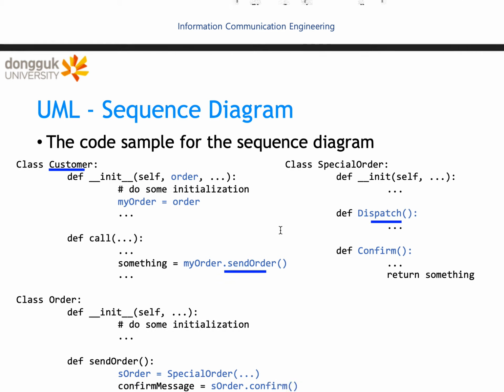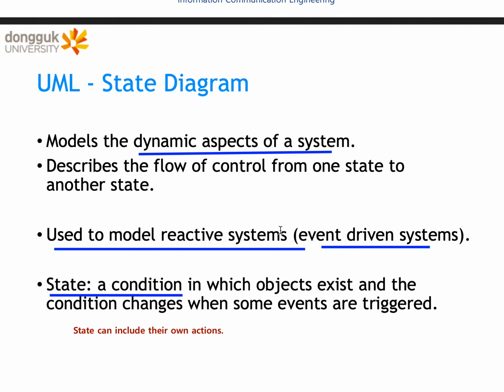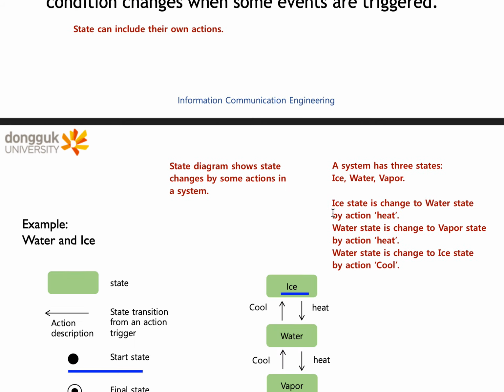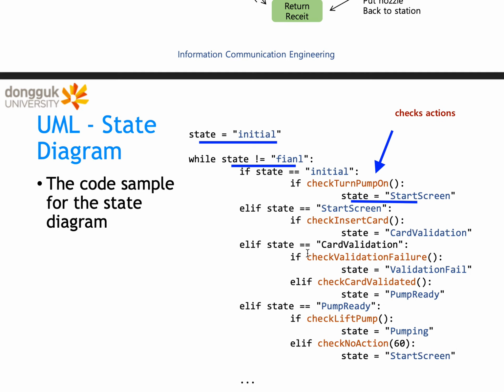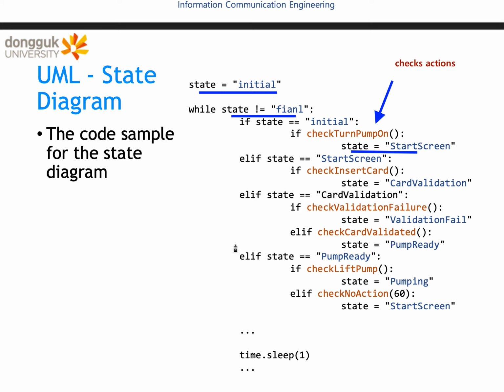Also, especially when you need to design an event-driven system, it's good to build a state diagram like this. Once you have a state diagram like this, then the event-driven system can be coded using if-else statements like this.